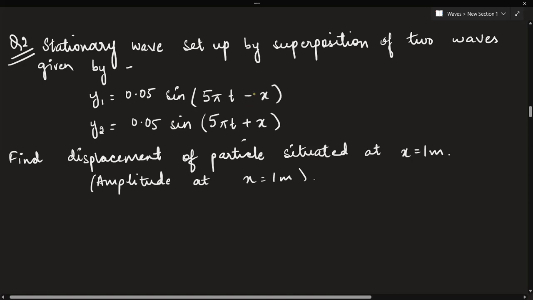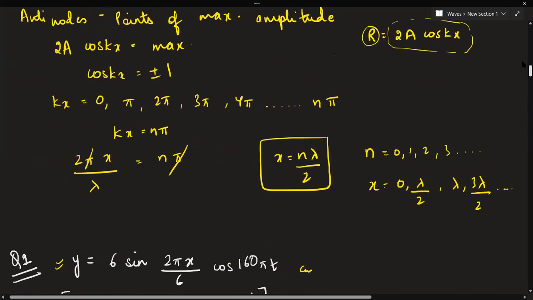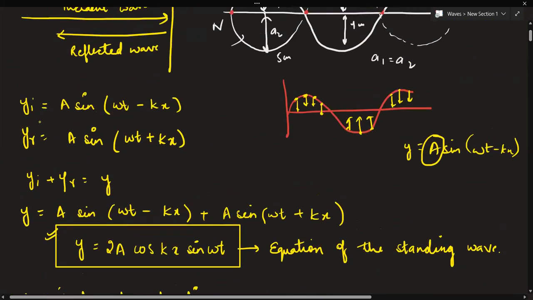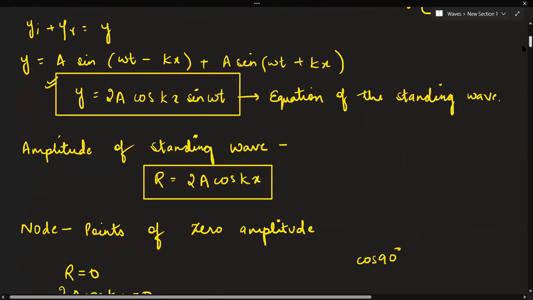In the beginning of the class we derived the amplitude for these equations: incident wave and reflected wave, a sine omega t minus kx and a sine omega t plus kx. Yes or no? Yes. So we have already derived the amplitude of the standing wave. What is it? 2a cos kx.